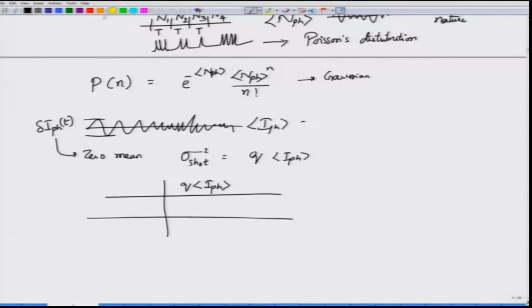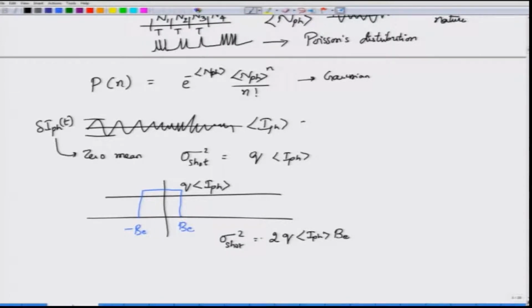However, if you now put in a band pass filter, whose low pass bandwidth is B_E, the total power contained within this bandwidth will be given by 2q I_PH, which is the mean photocurrent, times B_E. Okay. So, this is your shot noise variance.